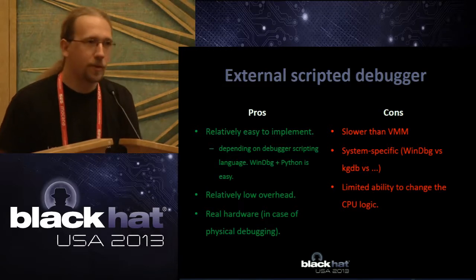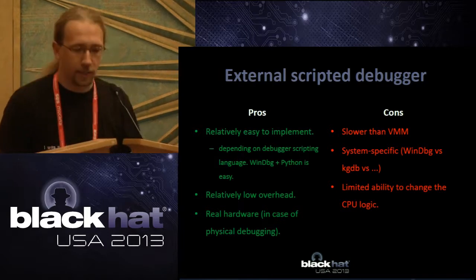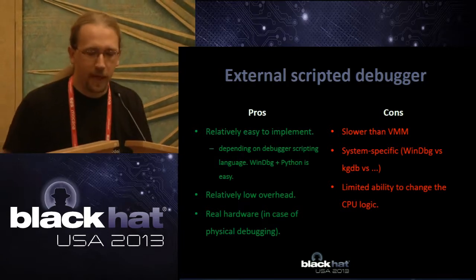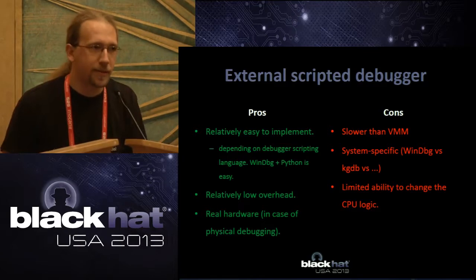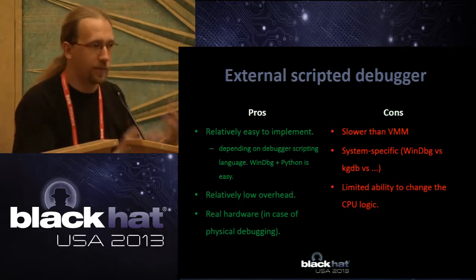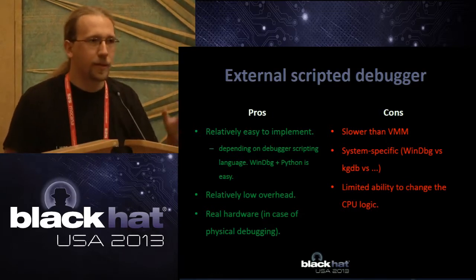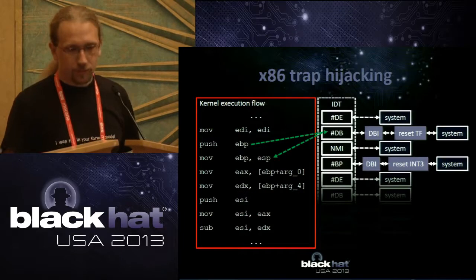It has relatively low overhead in comparison to Box, and it can run on real hardware. However, it's still slower than a hypervisor, and it's really system specific. So you either instrument WinDbg or you do it for KDB and so on. And it's also limited. You cannot change the logic of the CPU.